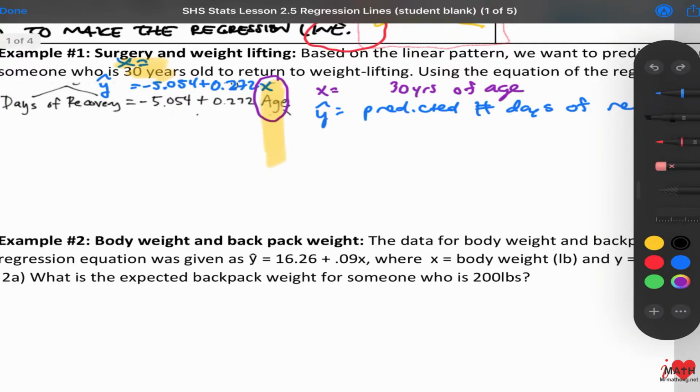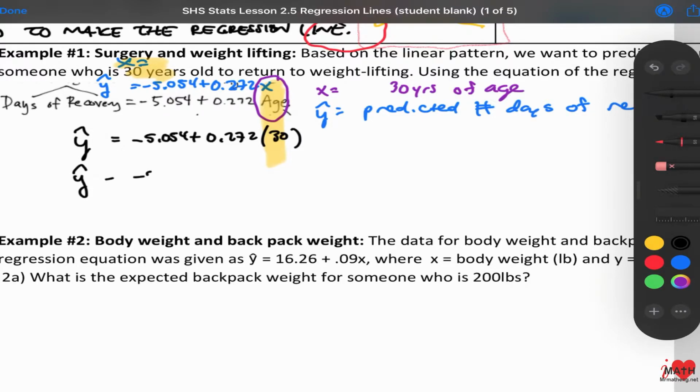Oh, highlighter. Y hat equals negative 5.054 plus 0.272 times 30. Right, we're making a prediction. Put on my calculator.